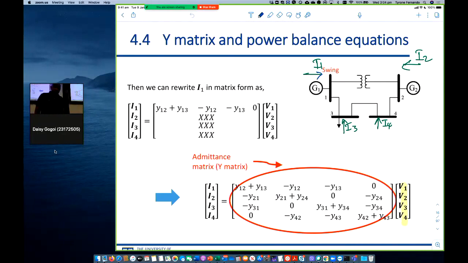We have 4 nodes in this particular network, so there are 4 node voltages.